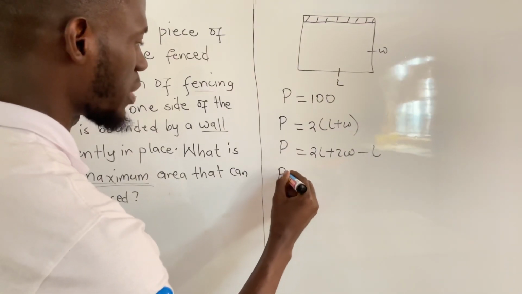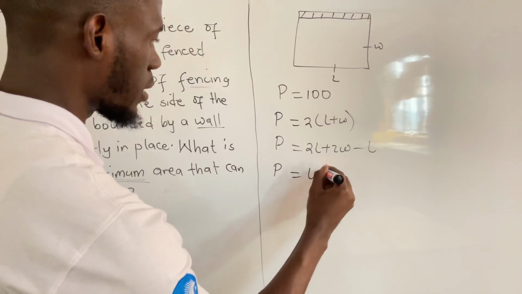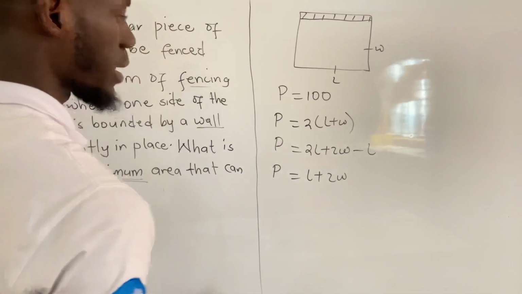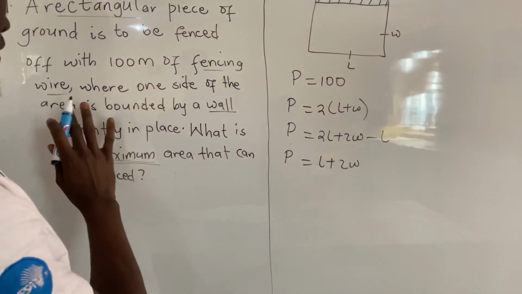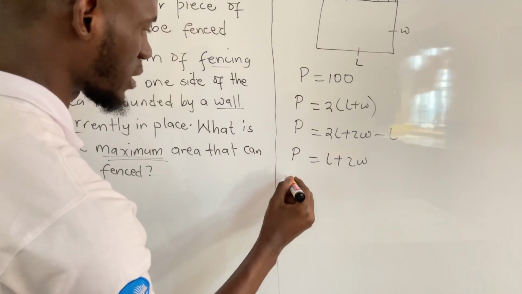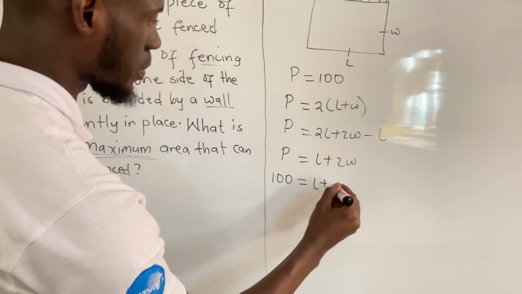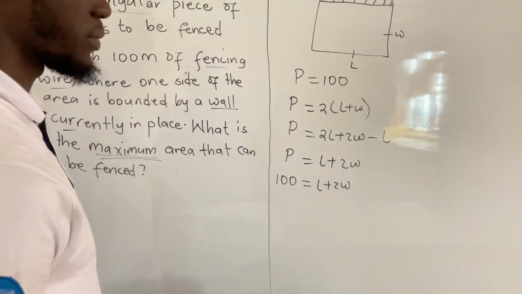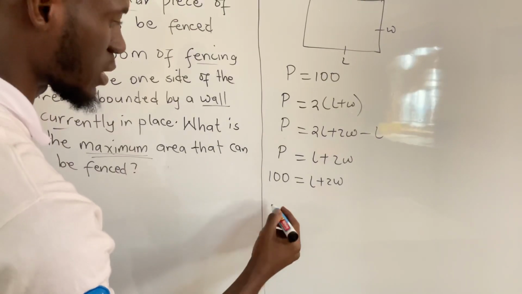This means our perimeter is L plus 2W. The perimeter is 100 meters, so we substitute: 100 is equal to L plus 2W.